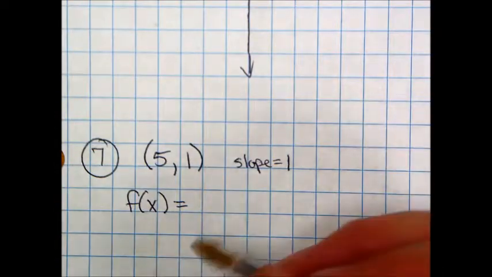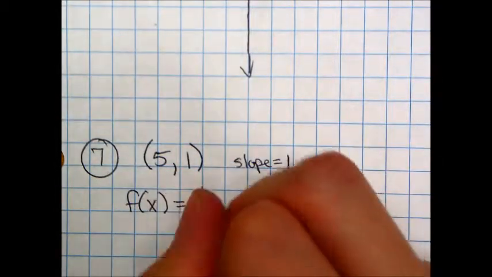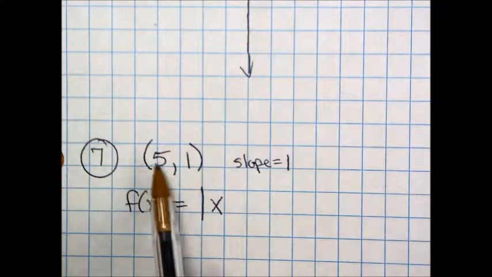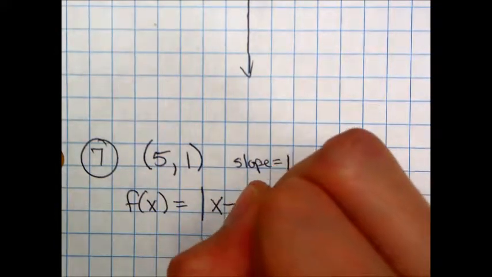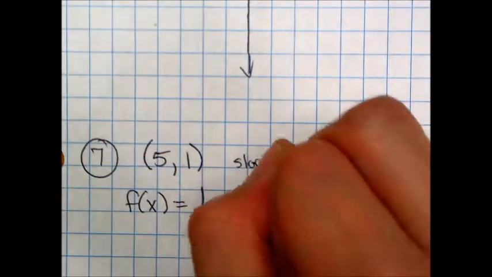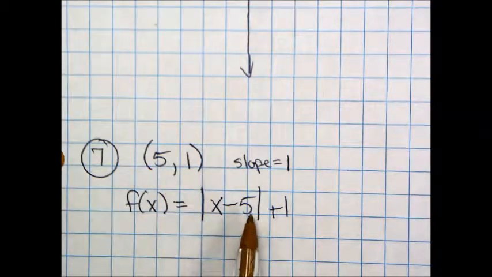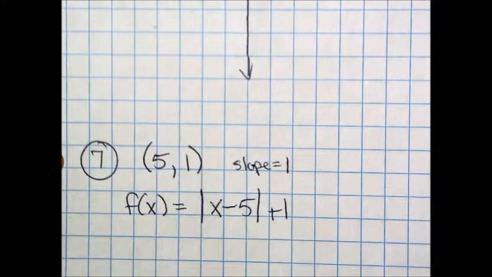We don't need to put 1. You're going to have your absolute value signs, and inside them goes x, and it's always the opposite, so it's -5. And then that's a +1, so it's +1. So the slope goes in front of the absolute value, the x-coordinate goes inside but opposite, and the y-coordinate goes outside. That's how you're going to write all of those.